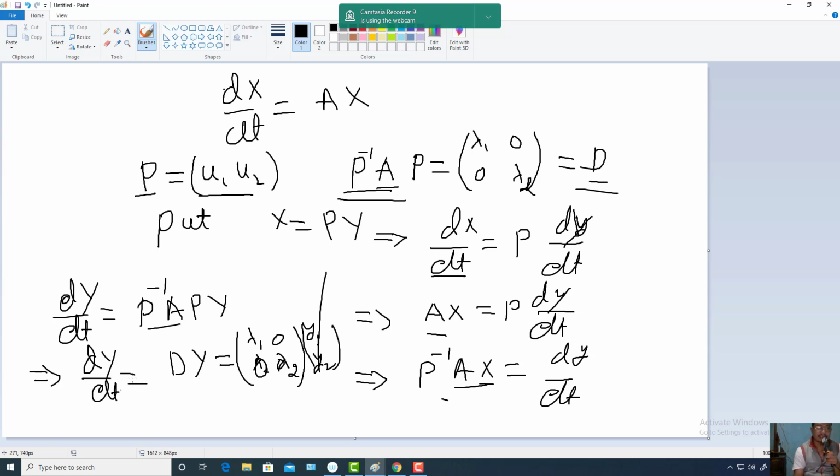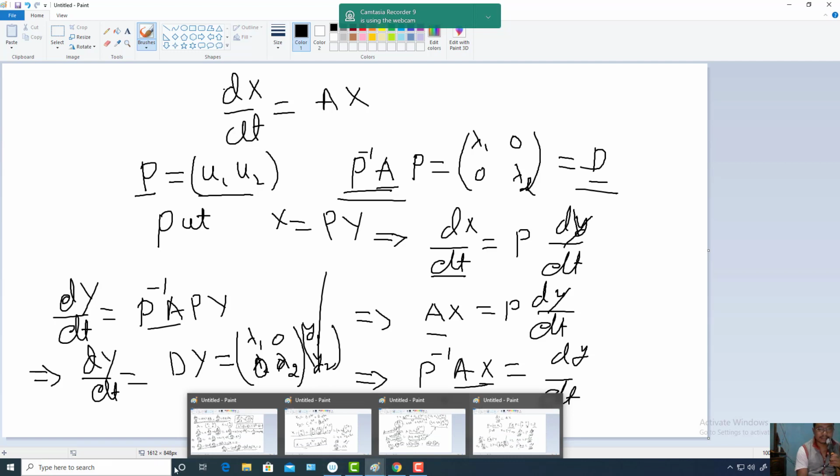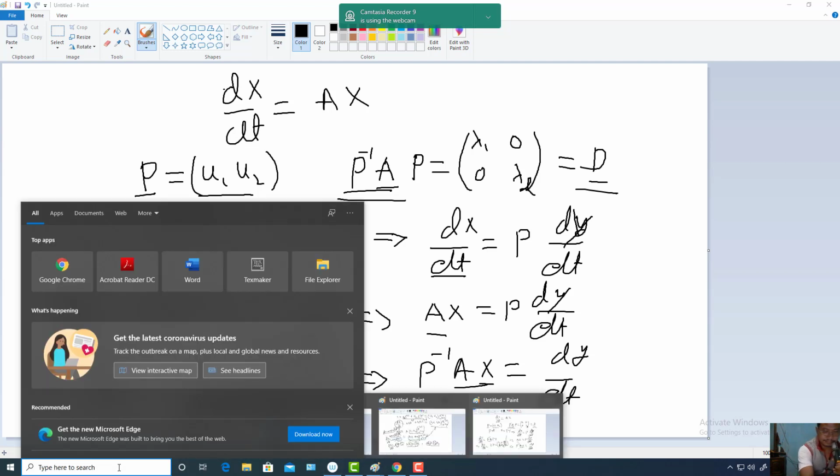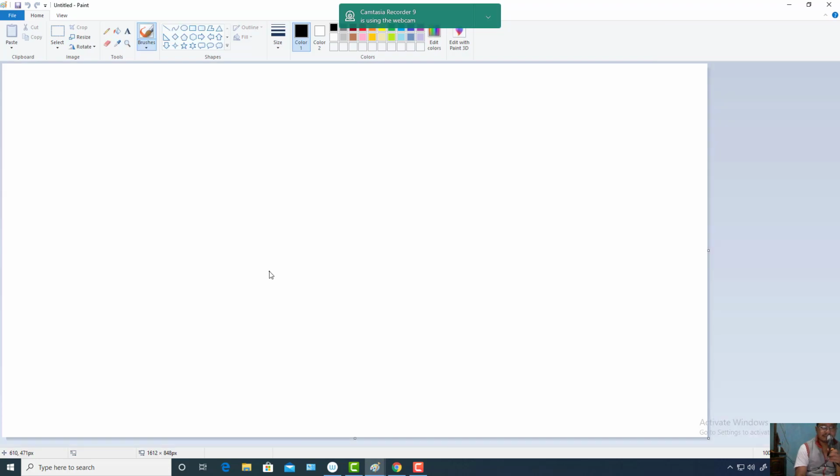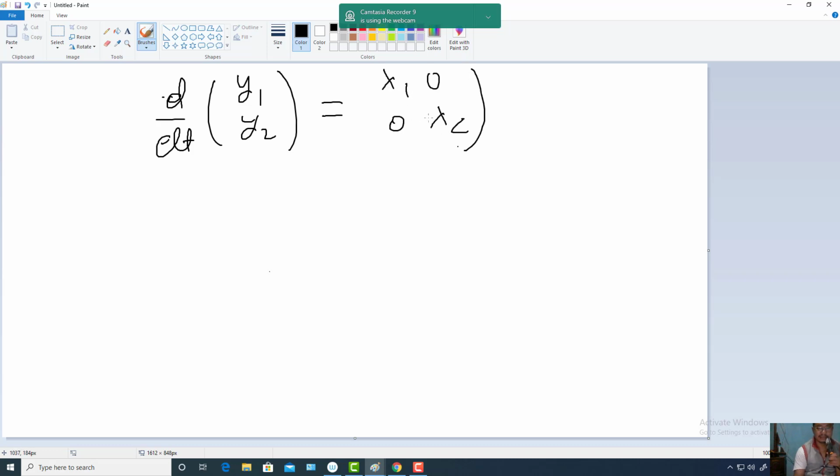So in simple form, how can you write this? d by dt of y1, y2 is equal to the matrix lambda 1, 0, 0, lambda 2 times y1, y2.